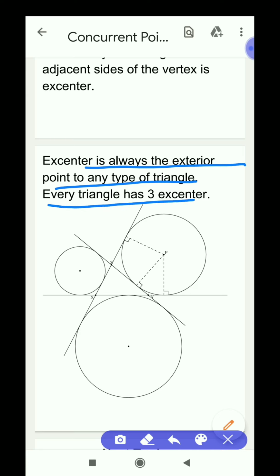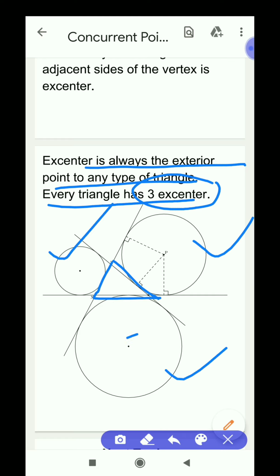Every triangle has three excenters. Observe carefully. This is triangle ABC. We can draw three excircles, so it has three excenters.